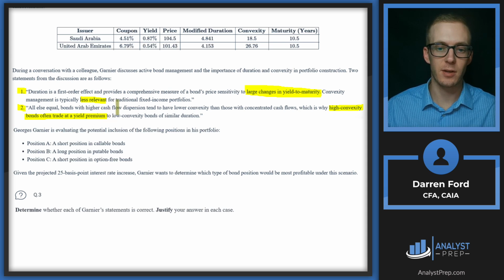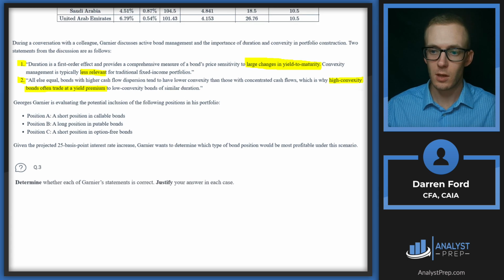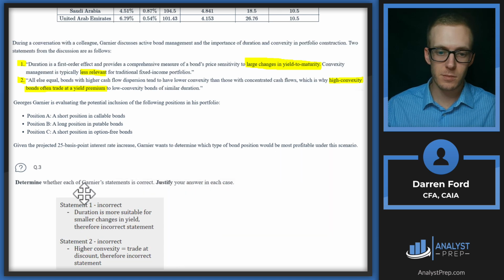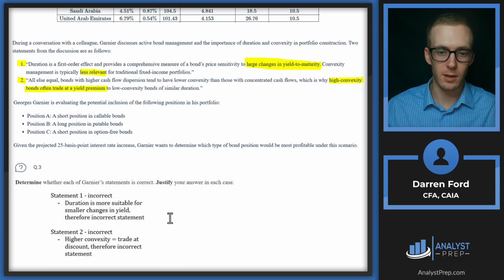If we have higher convexity, that's going to provide us better protection to those changes in rates. And so if a bond has higher convexity, we have more protection there. So we can expect to receive a lower yield since there's technically less risk. So we basically said all this already, but statement 1 incorrect and statement 2 correct for those reasons that we already discussed.